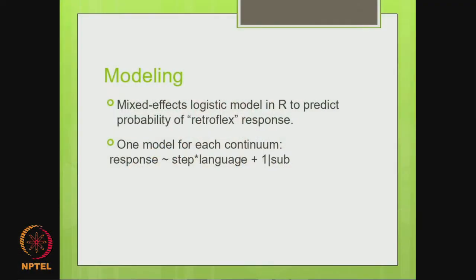For those of you who are stats interested in, because people were given a binary choice, I used a mixed effects logistic model, and I used the program R, if you're familiar with it, for statistics. And what you're going to see is predictions of the probability of a retroflex response.